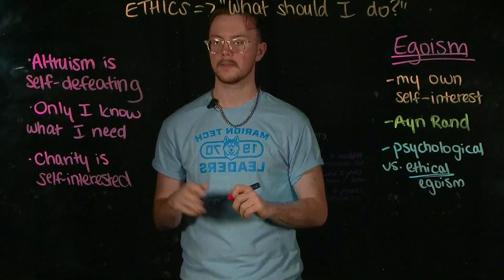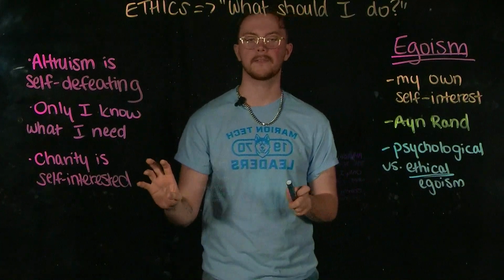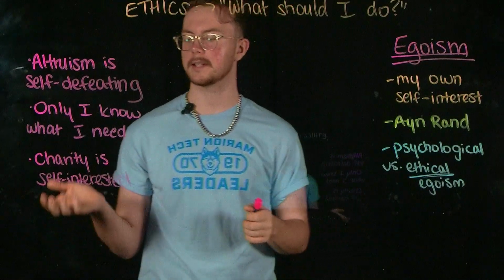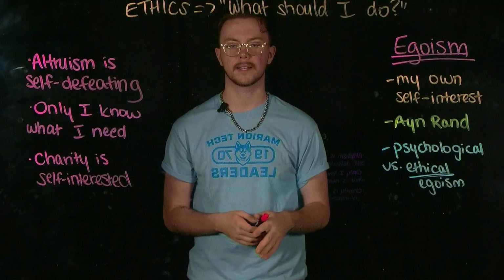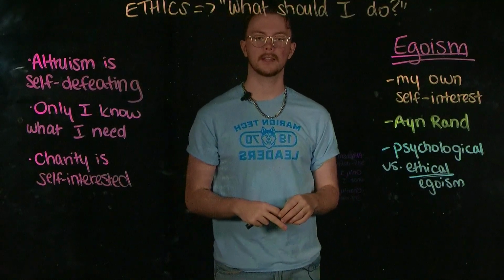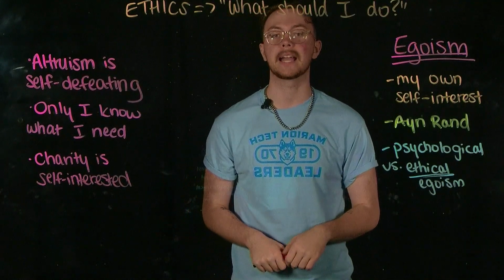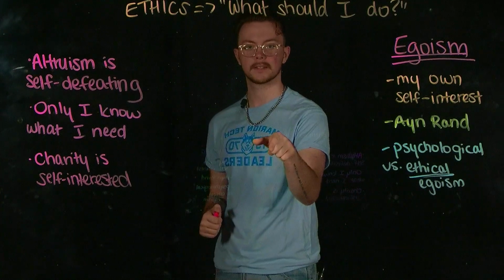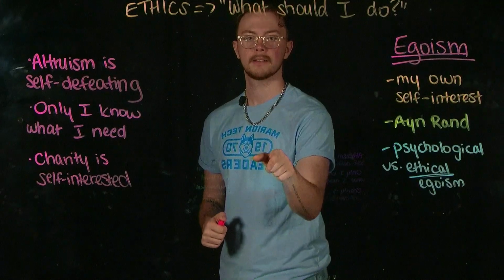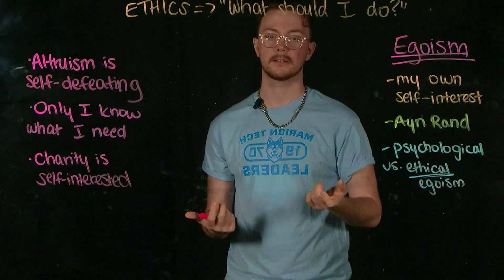The last point made in favor of egoism is that it's impossible charity can be anything other than self-interested. Why is that? When you give someone charity, egoists believe you, by definition, degrade them, because you stake their self-interest, their existence, on your willingness to give them charity.